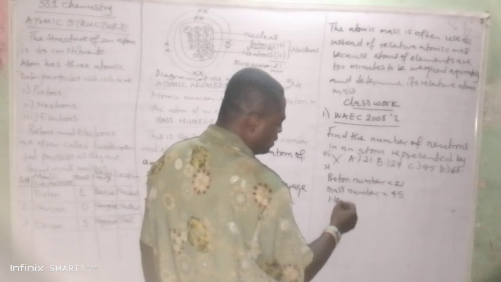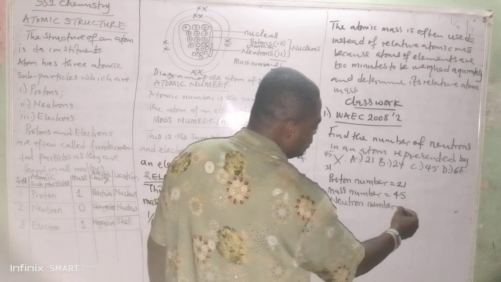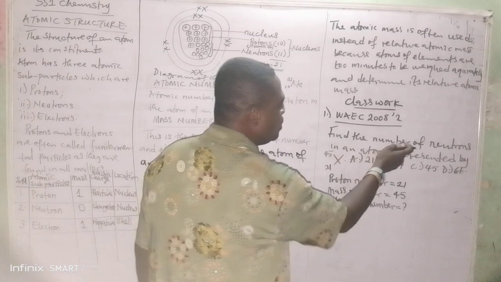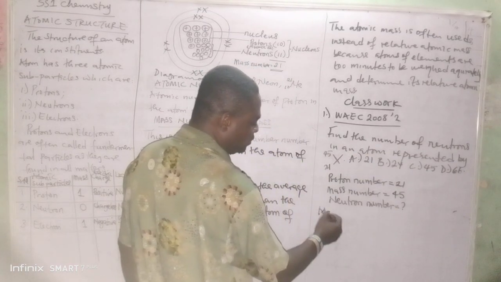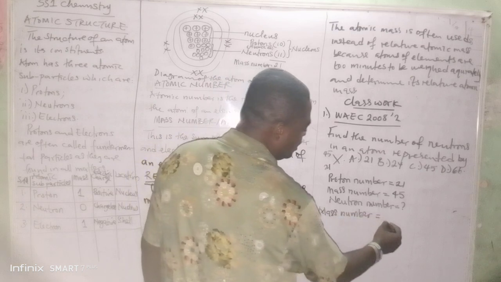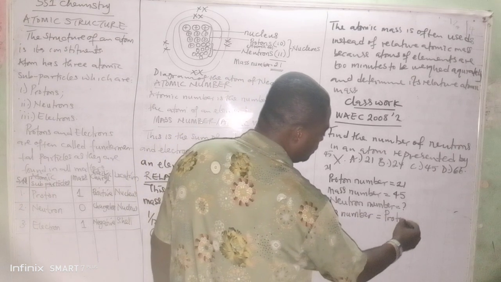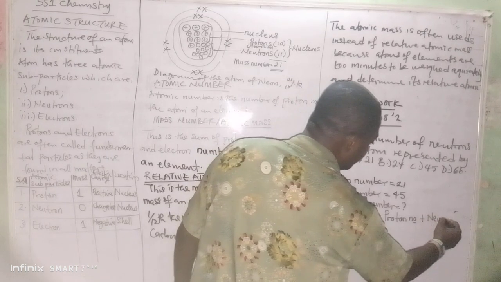Then the neutron number is unknown. That's what we are asked to find. We know that mass number is equal to proton number plus the neutron number that you are looking for.